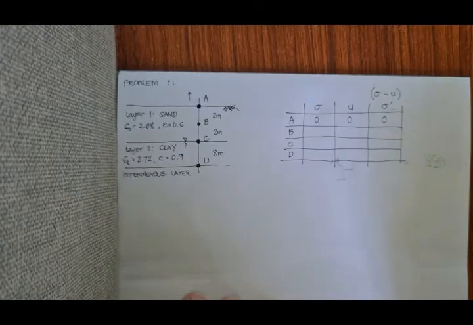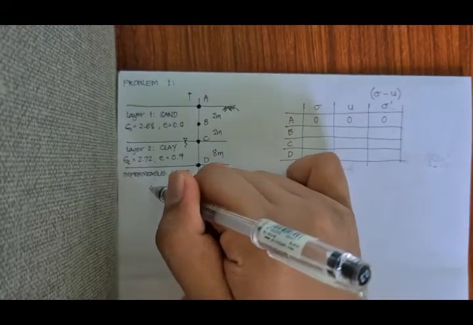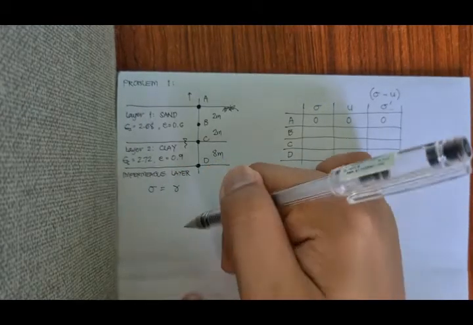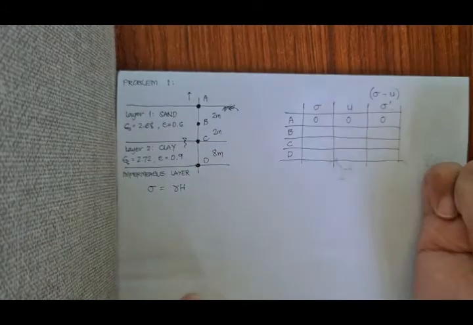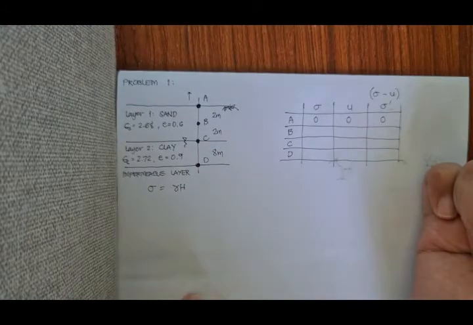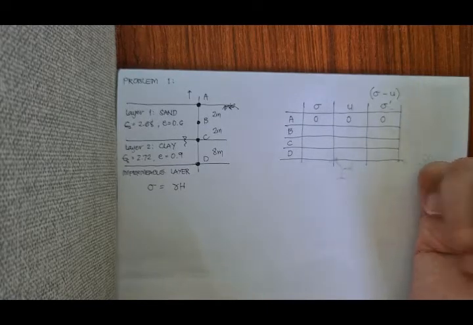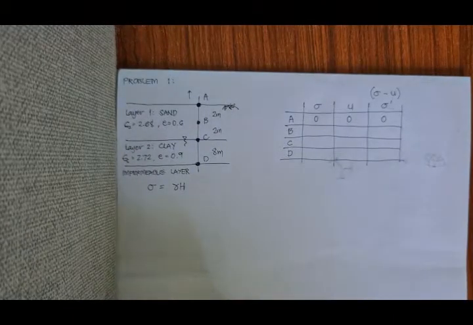So, paano ba natin hahanapin yung total stress? Alam natin na yung total stress is equal to the unit weight of anything above multiplied by the height. Ngayon, doon sa total stress, pwede nating sabihin na yung unit weight na gagamitin natin is yung unit weight ng sand.